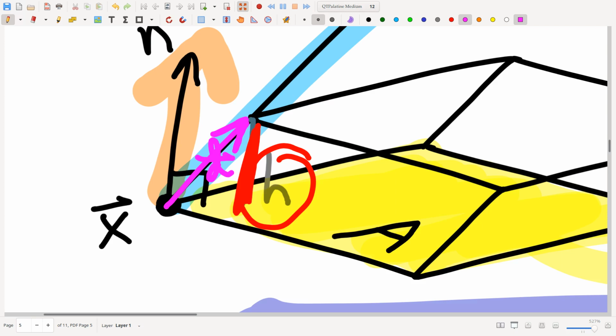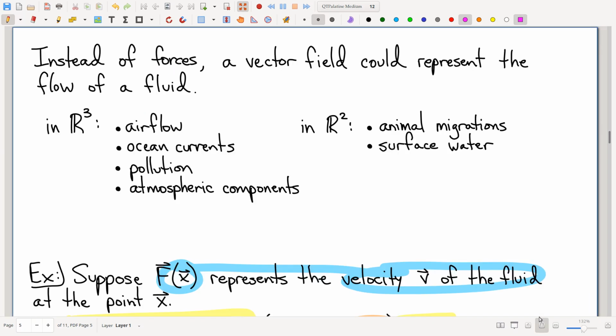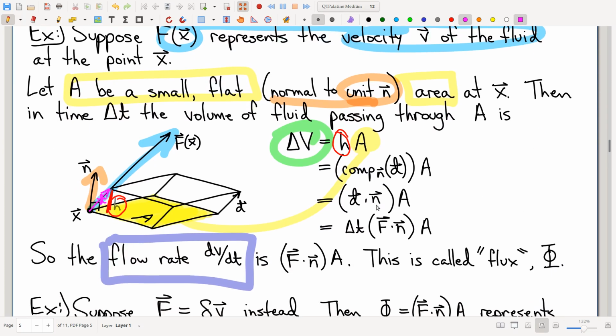So I know its velocity is the field vector, and I know the amount of time is delta t, and so altogether, let me write down over here on the right, that D vector is F delta t. This is just literally velocity times time. Displacement is velocity times time. So that's that D vector. And we'll come back to that in a moment.